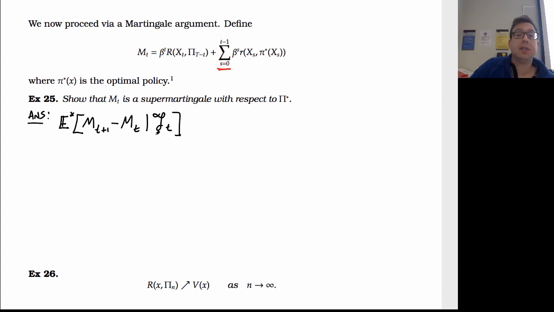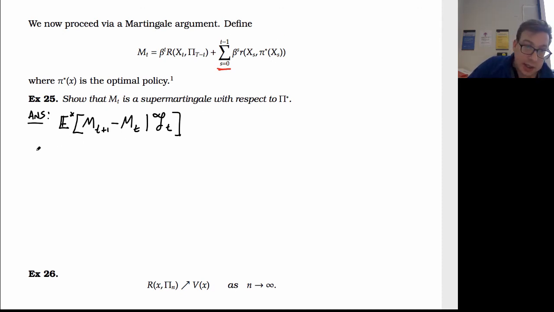By the filtration here I mean the sets of actions and states visited by the optimal policy over t steps. Then I look at the difference between the two of them. We're going to pick up one term for this lead term here, and one of the terms from the sum in here.